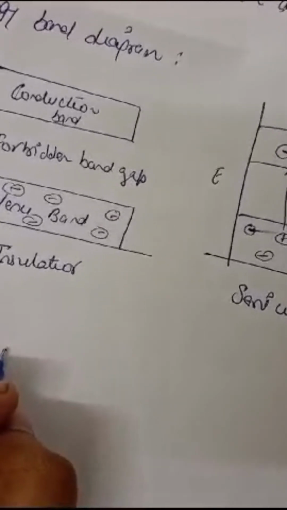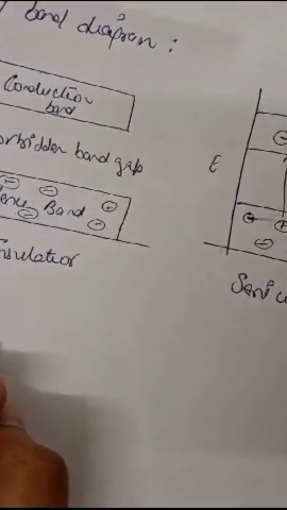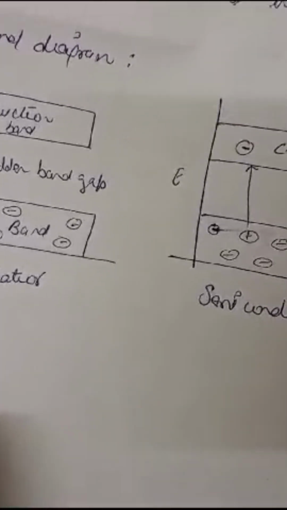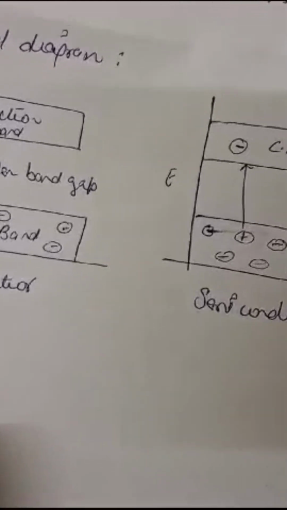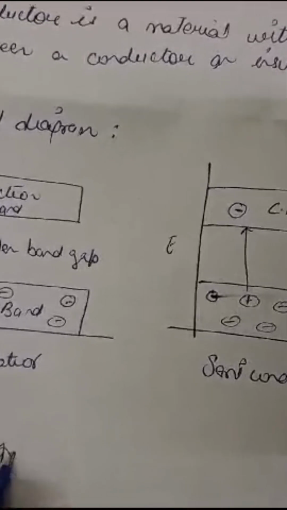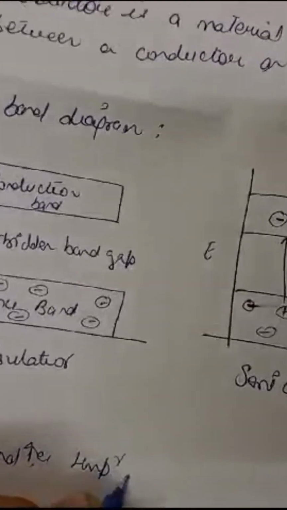It increases with temperature, whereas in metals or conductors the conductivity decreases with temperature, but in the case of semiconductors the conductivity increases with temperature.